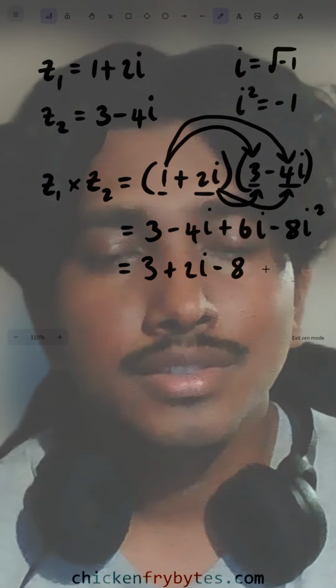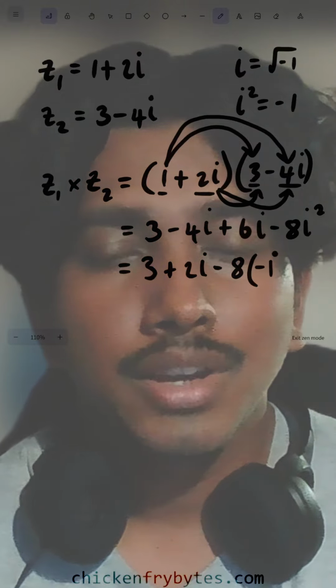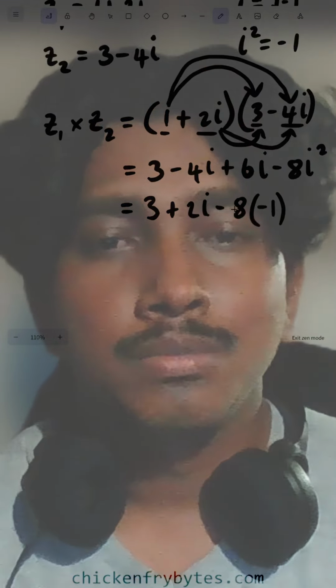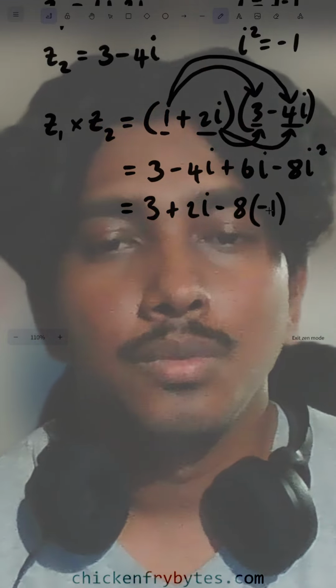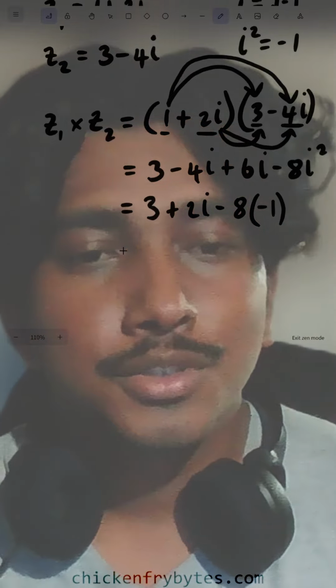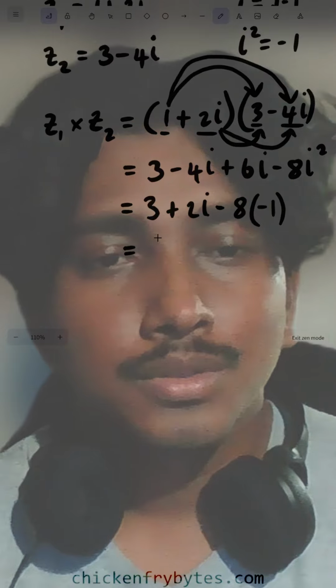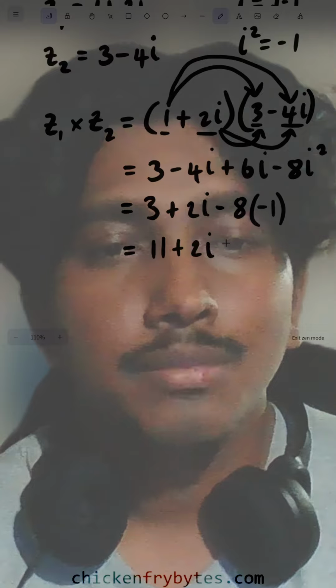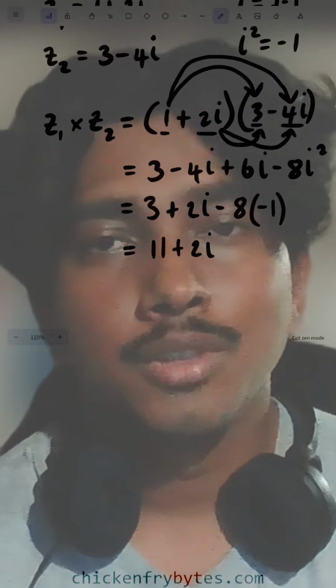So we can evaluate this to -8 by -1, which is positive 8. And we could take that positive 8 and add it to this 3, right? So we have, in this case, 11 plus 2i being the final result of this multiplication.